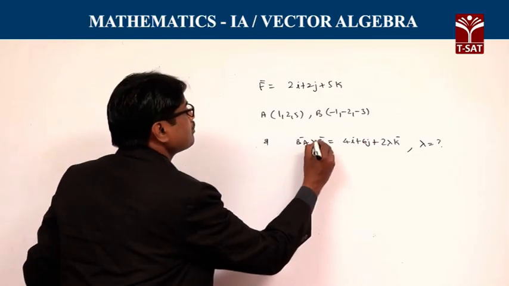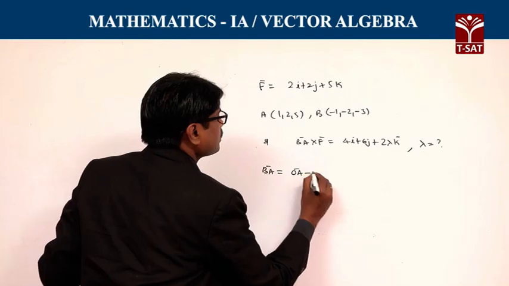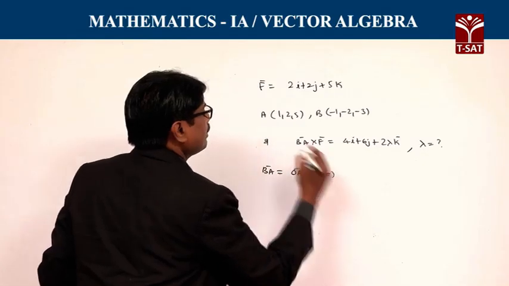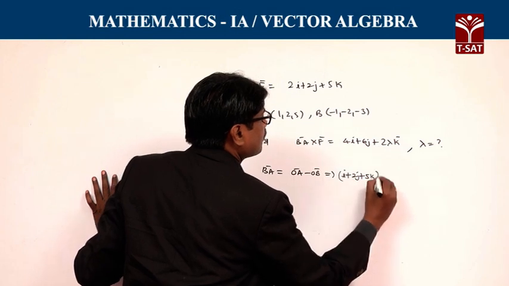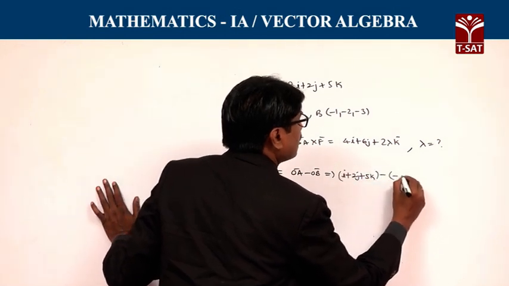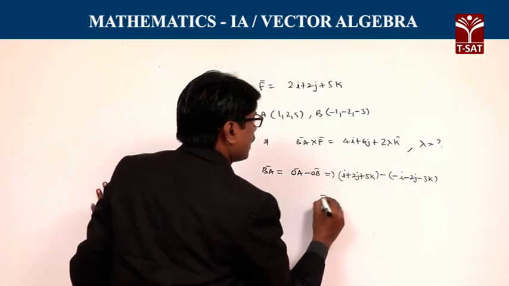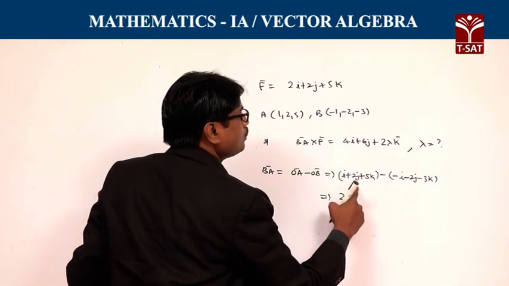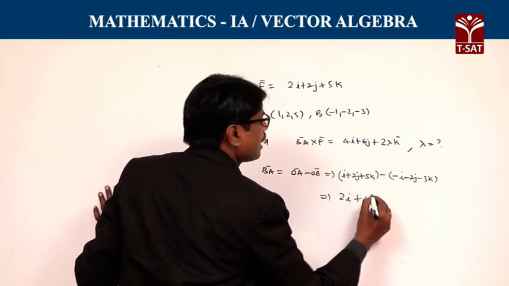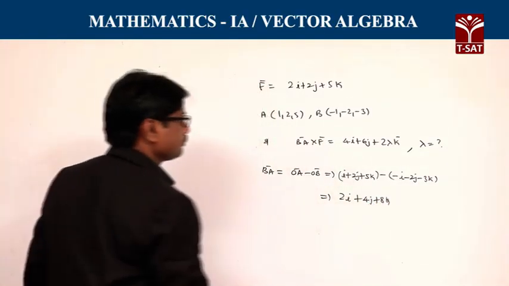So, what is BA bar? BA bar is equal to OA bar minus OB bar, which is nothing but i bar plus 2j bar plus 5k bar minus (minus i bar minus 2j bar minus 3k bar), which is 2i bar plus 4j bar plus 8k bar.